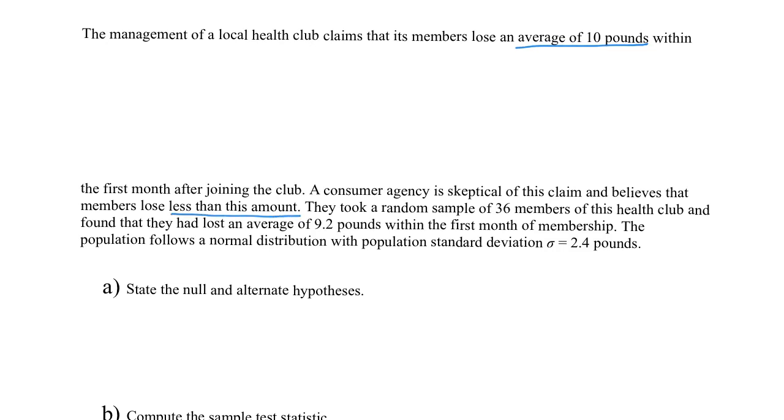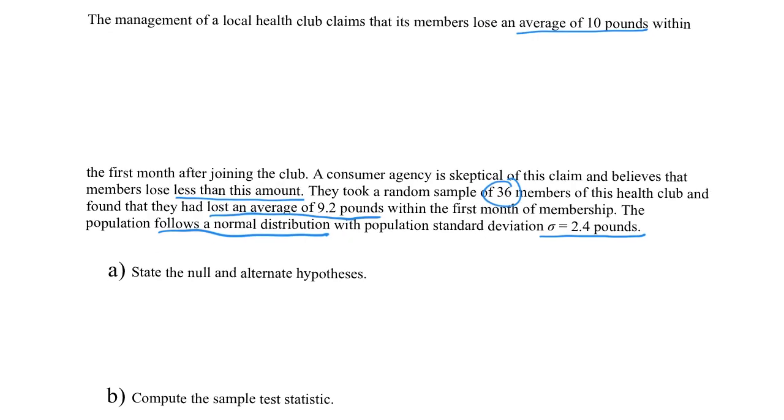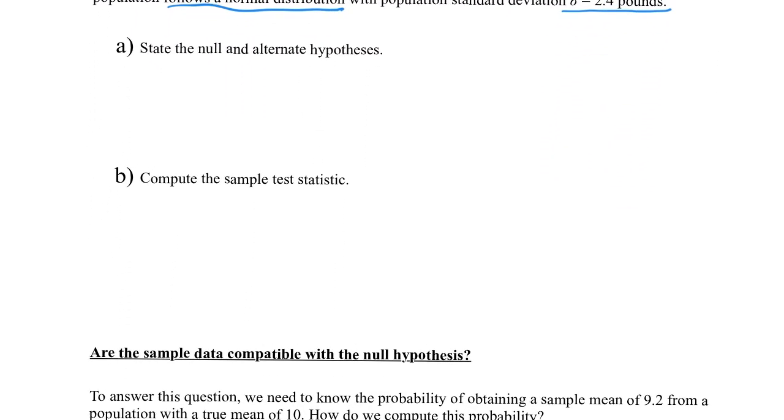They took a random sample of 36 members, and I'm just making notes on things that may be important. They found that they had lost an average of 9.2 pounds within the first month of membership. The population follows a normal distribution with population standard deviation equal to 2.4 pounds. So remember, in 8.1, just like 7.1, we know sigma. So it says state the null and alternate hypotheses.